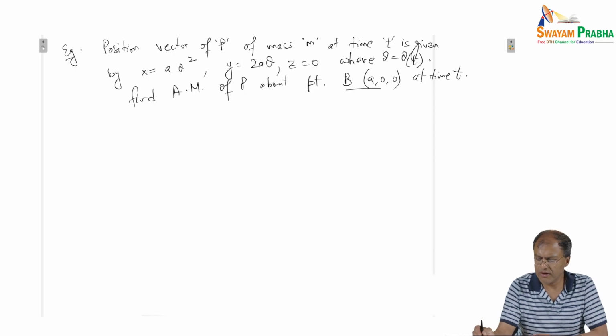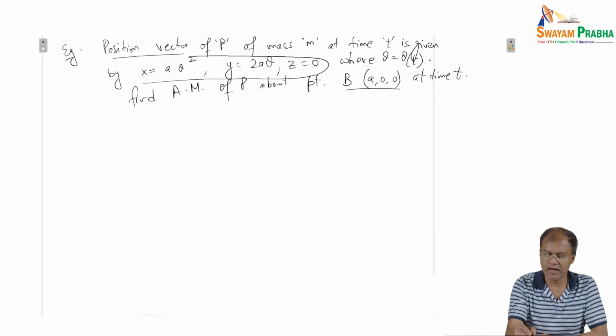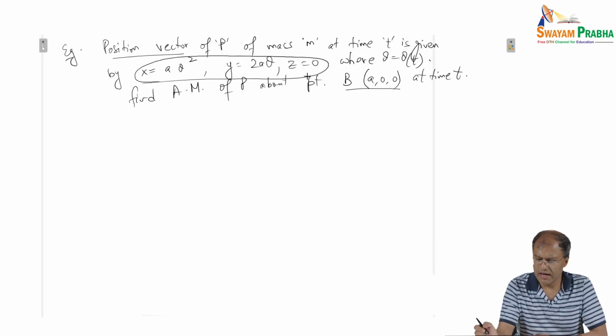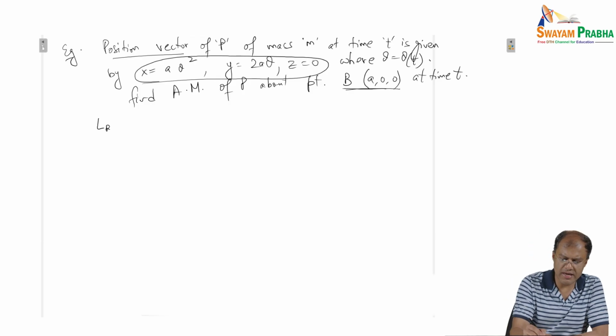We are given a reference point, and we need to find the angular momentum of this particle whose position vector is given by this formula, x, y, z. We need to find L_B. We need not find L_O, the angular momentum about the origin, but about the reference point B.